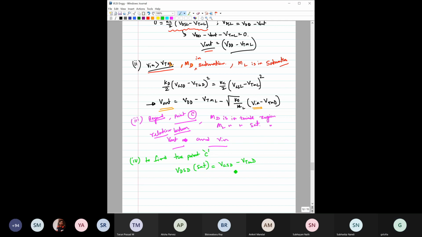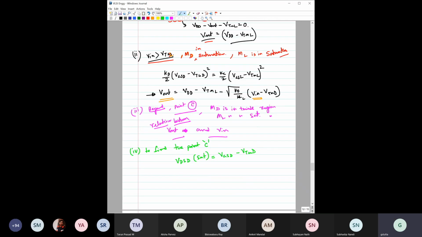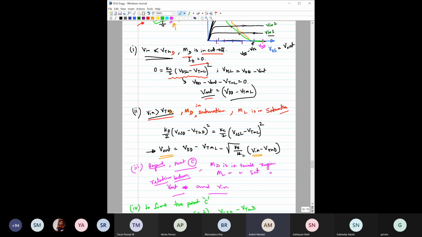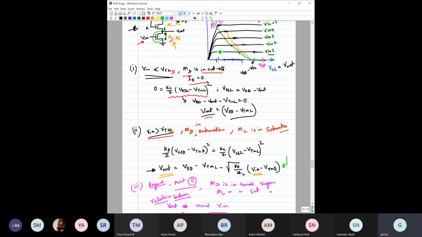Isn't it? Okay. So you know the condition, but after that, in which equation will you put it? The V out equal to VDD minus VTNL equation. Why? Because at the transition point it would follow the right equation, because this is at the edge.